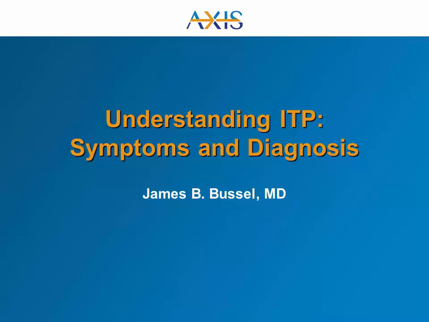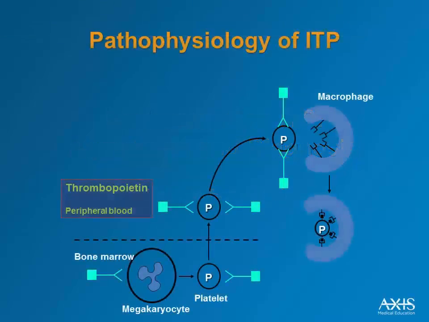So I'm going to start off by going over understanding ITP, talking about the symptoms it can cause and how to make the diagnosis. So this slide illustrates the pathophysiology of ITP.